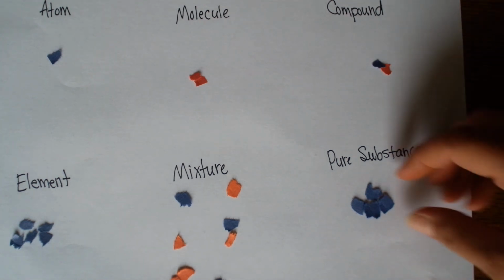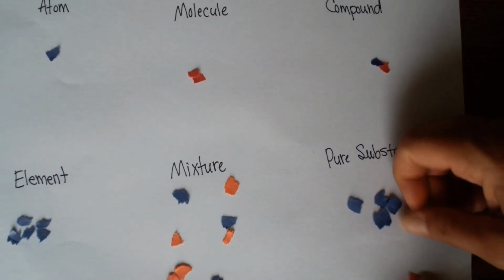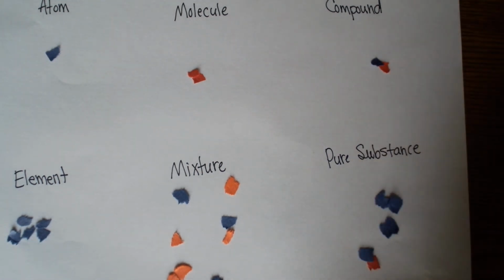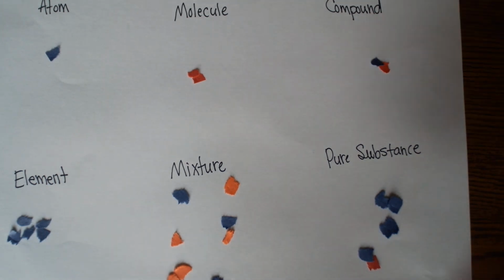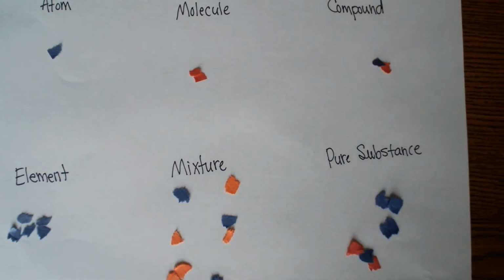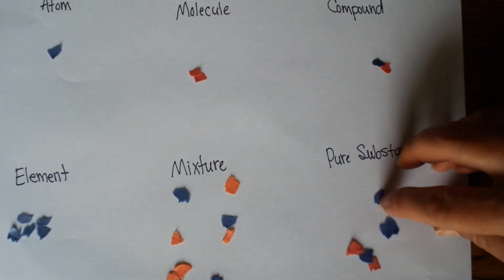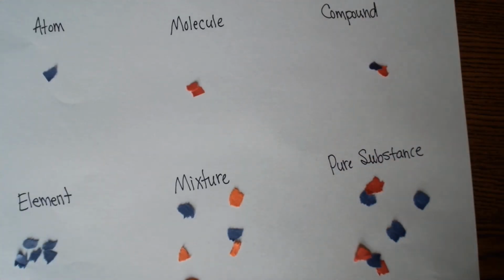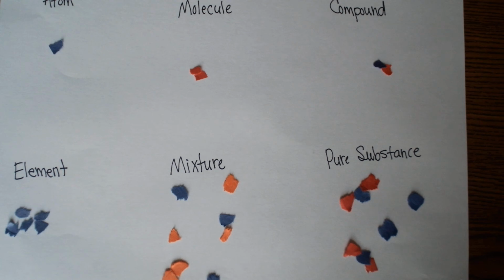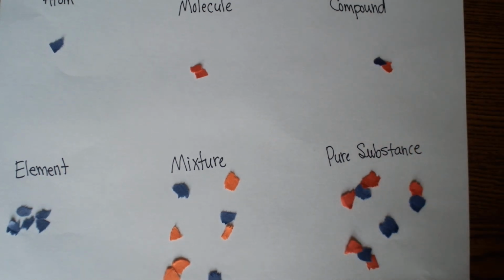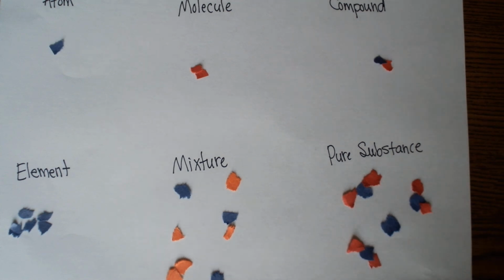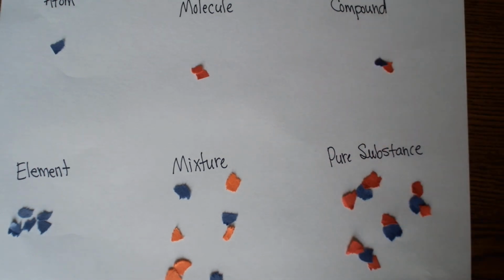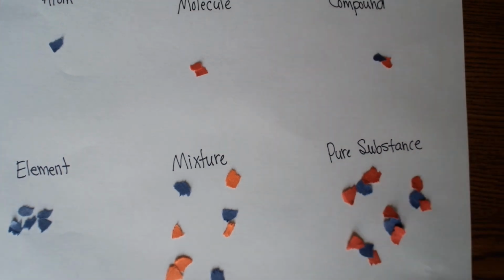But it's a compound that has two different things, which I'll try to make a little bit more like water, because water has two hydrogens on one thing. Still not a pure substance. Right now I've got a mixture, so that's not going to work. But if I make all of these things the same, is that a pure substance? They're not quite yet though. We still got a mixture going. So now we have a pure substance, because even though they're not an element, it's all the same things in that space. Okay?